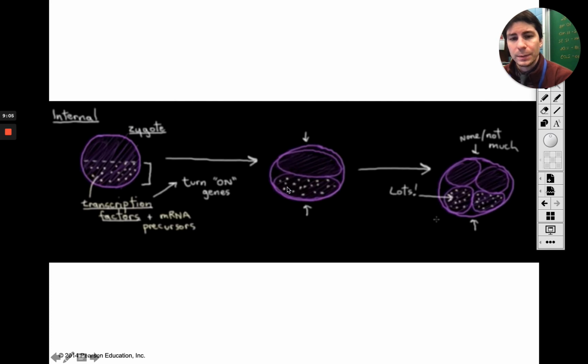So that way, when this bottom cell reproduces, all of those cells that it makes are going to also make copies of those cytoplasmic determinants and put them in all the new cells that are created. So that way, whatever that bottom one is, let's say that's going to be a heart cell, all of those cells that reproduce from that one are going to be heart cells. Let's say the top one here, let's say it's a skin cell.